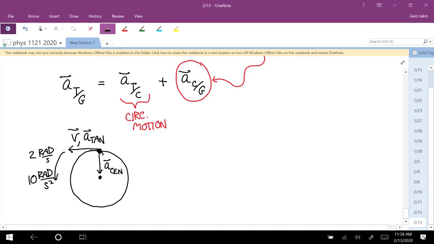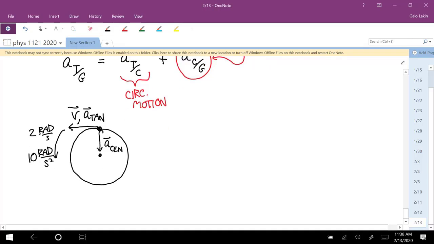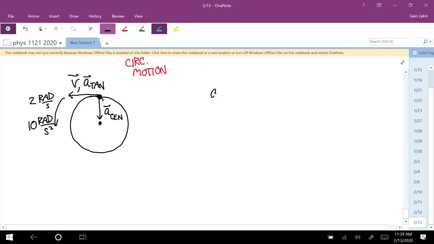And now we can calculate the magnitudes of those. The magnitude of the tangential acceleration is the absolute value of the angular acceleration times r.